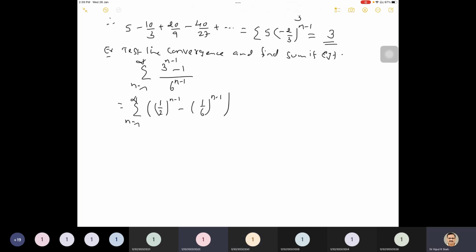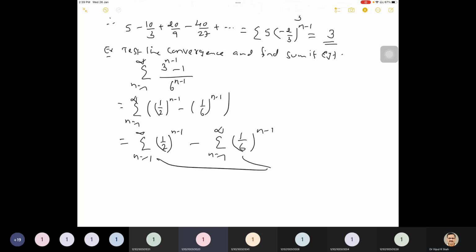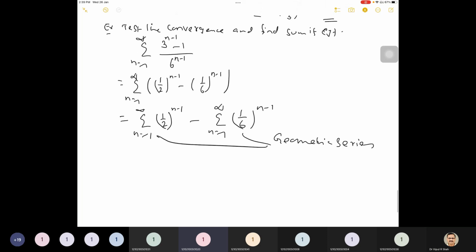Because 3 by 6 is 1 by 2. So you are having two series: the sum from n equal to 1 to infinity of 1 by 2 power n minus 1, minus the sum from n equal to 1 to infinity of 1 by 6 power n minus 1. Both series are geometric series, but both are having different a and r.